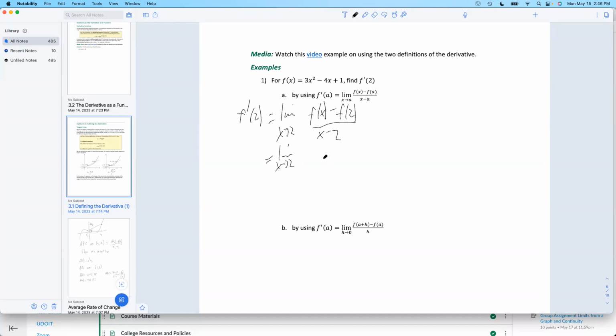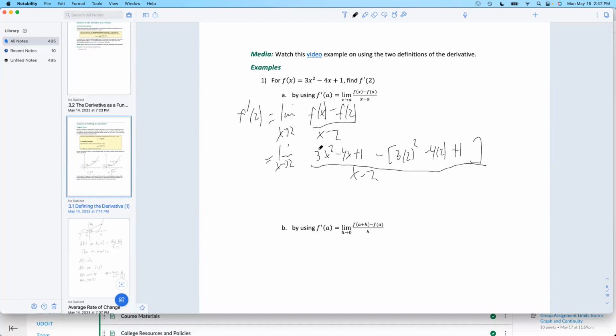Well, what is f of x? That's 3x squared minus 4x plus 1. That's f of x minus f of 2. Now I'm going to be subtracting a bunch of stuff here, so I need to put a bracket here. That's going to be 3 times 2 squared minus 4 times 2 plus 1, and that's all over x minus 2.